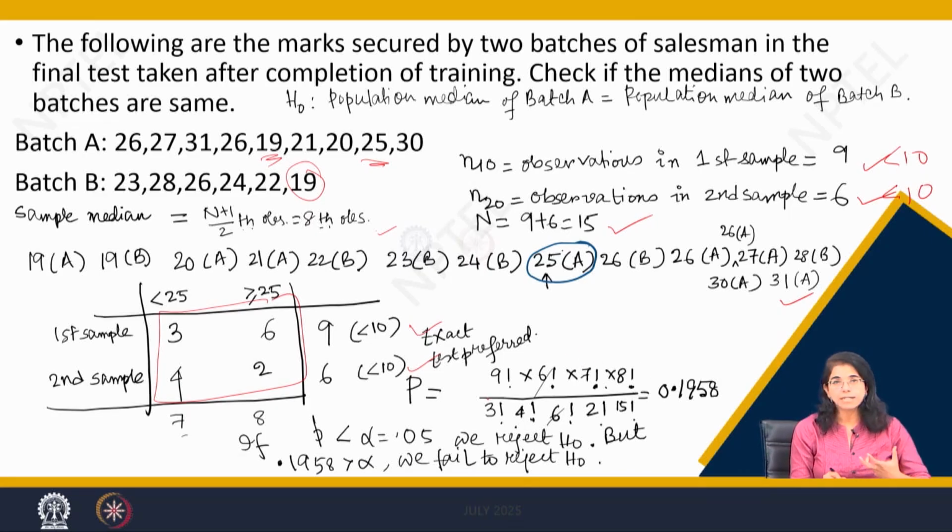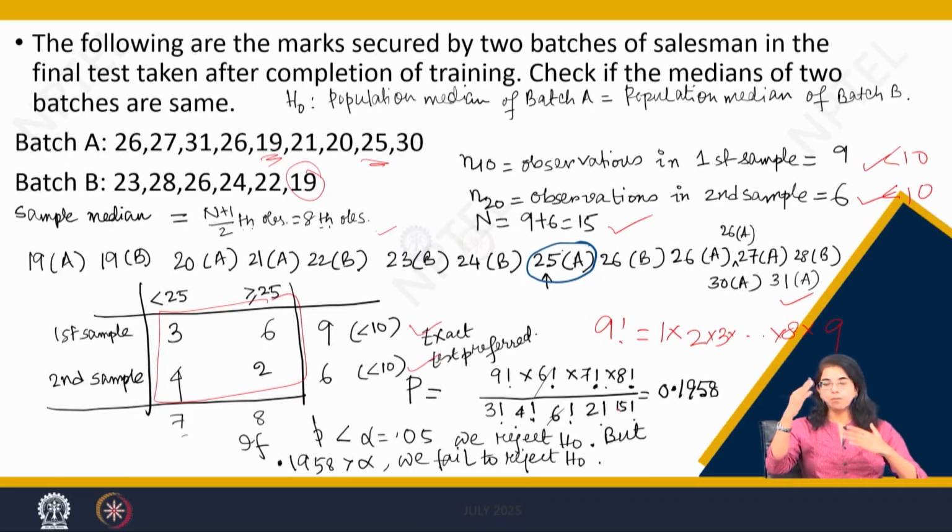Say if I am calculating 9 factorial, then I have to multiply 1 into, so let me write it for your convenience. So 9 factorial means 1 into 2 into 3 into ... then 8 into 9. Similarly, figure out what 6 factorial is, figure out what 7 factorial, figure out what 8 factorial will be.